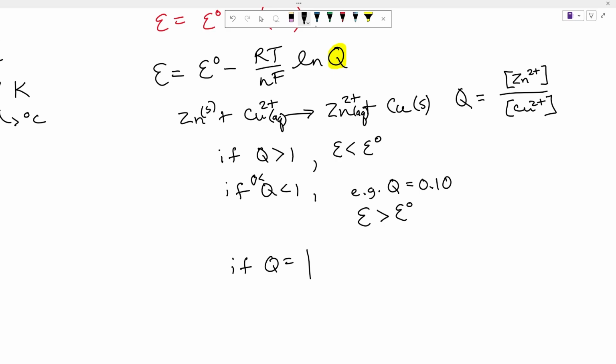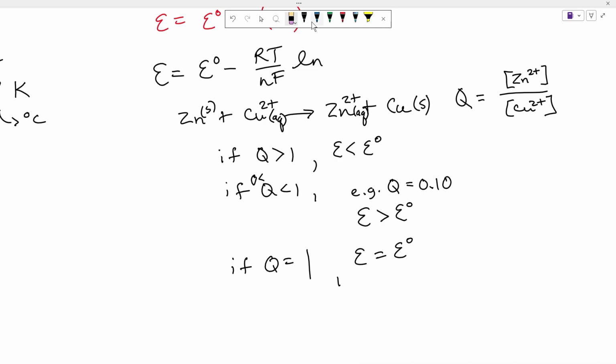Natural log of 1 is 0, and then the potential would equal the standard potential, which is reminding us that standard reaction conditions are 1 mole per liter of anything in solution. If this were gases, which is not really relevant for these solution electrochemical cells, they would be 1 atmosphere in pressure.